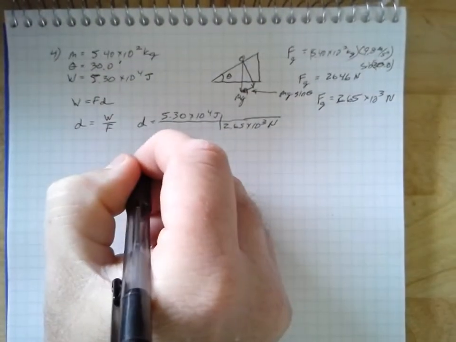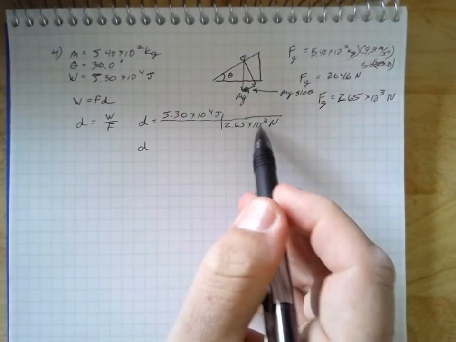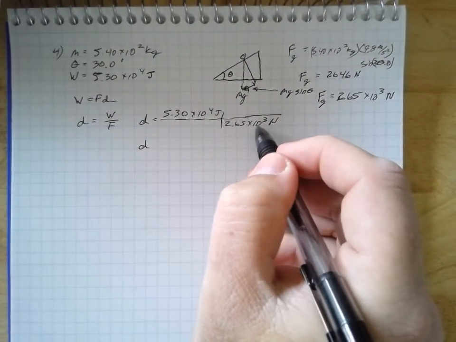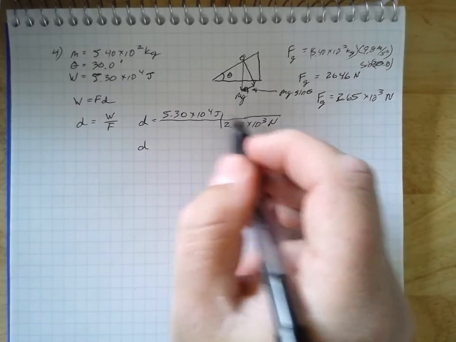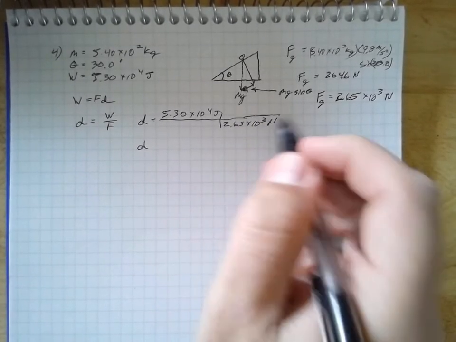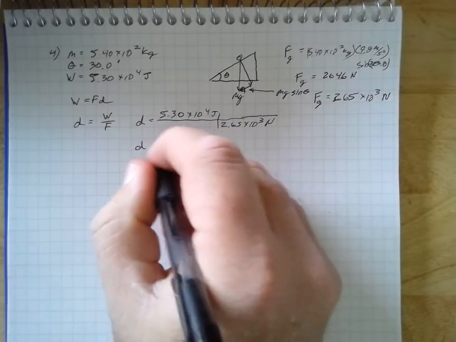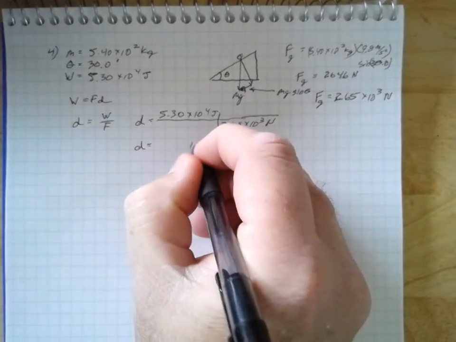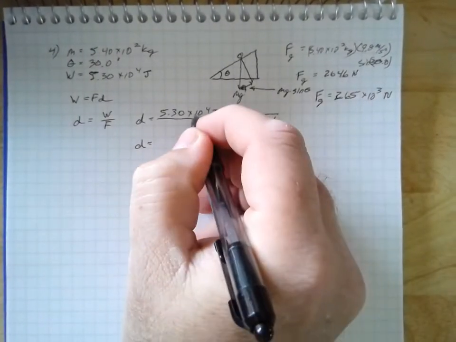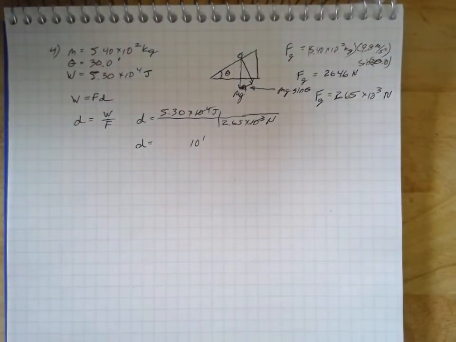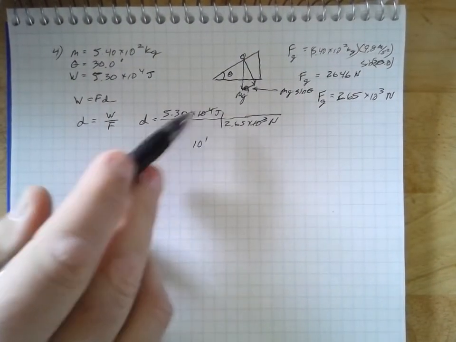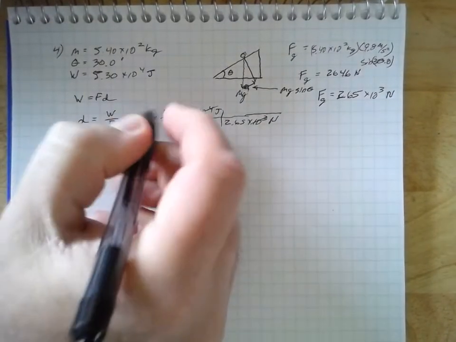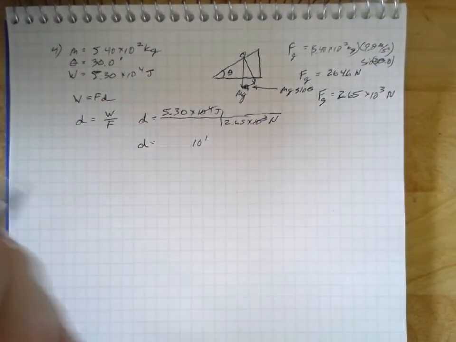So in my answer, I'm going to do my powers of 10 first. 10 to the 4 divided by 10 to the 3, I subtract my powers of 10, so I get 10 to the 1. So those are gone. Now it is 2.65 divided into 5.30. How many times does it do that?